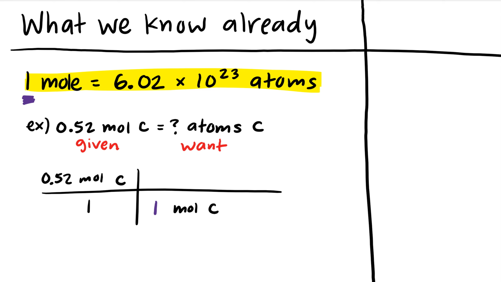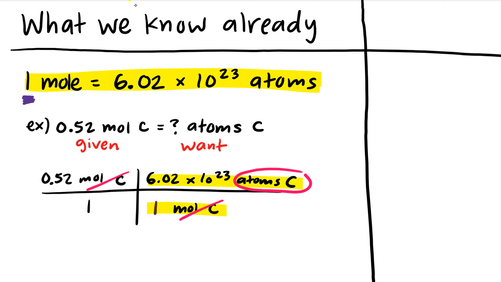So the 6.02 times 10 to the 23rd atoms of carbon will be on the top. And so this second column represents that conversion factor. 1 mole of carbon equals 6.02 times 10 to the 23rd atoms of carbon. So moles of carbon cancel. You got 1 on the top, 1 on the bottom, and the unit that you're left with is atoms of carbon. That's your wanted unit.